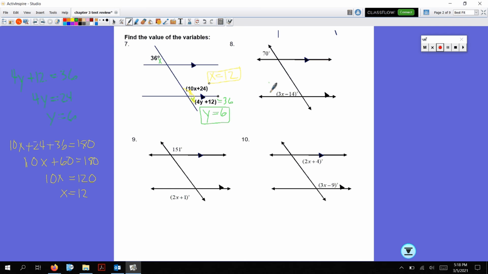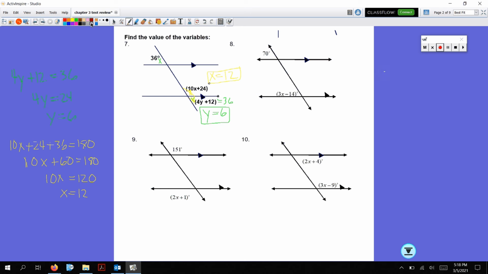All right, number 8. Here we go. 70 degrees and this expression right here, 3x minus 14. They are corresponding. They're on the same side of the transversal, and they skip this little angle here. Corresponding angles occupy corresponding positions.